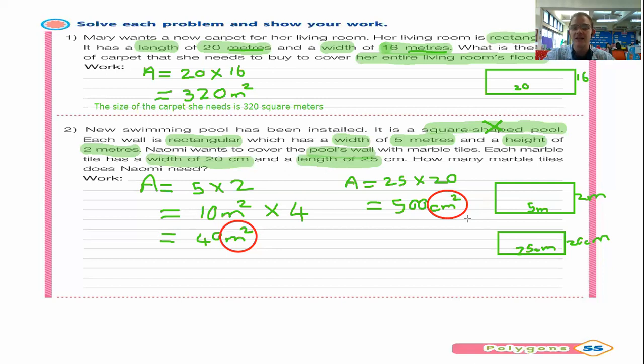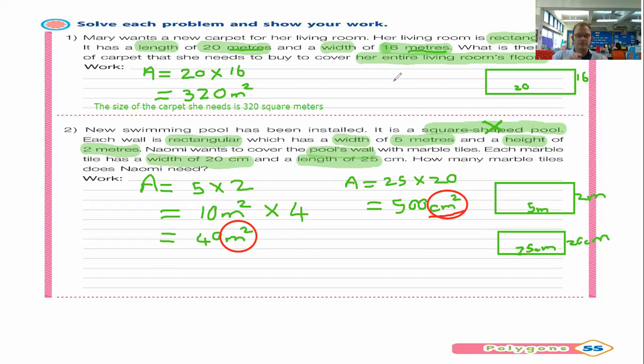So to make it a little bit easier, we're going to convert the centimeters squared to meters squared. How do we do that? Can anyone tell me? How do we convert from centimeter to meter? Does anyone know? Who can tell me? If you're not sure, it's okay.